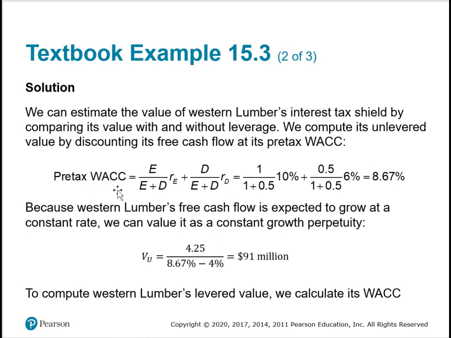So the pre-tax weighted average cost of capital, again, just the weights times the costs, 8.67%. Because their free cash flow is expected to grow at a constant rate, we can plug it into our formula. We end up with $91 million as the value pre-tax.